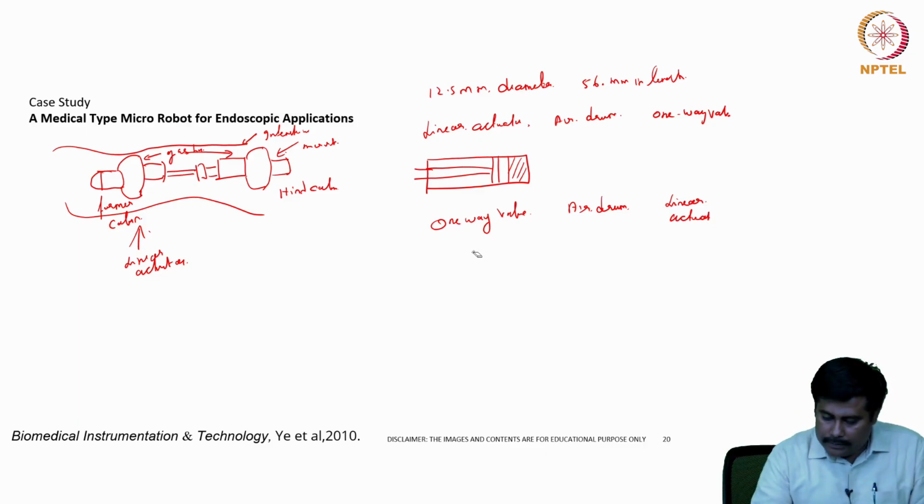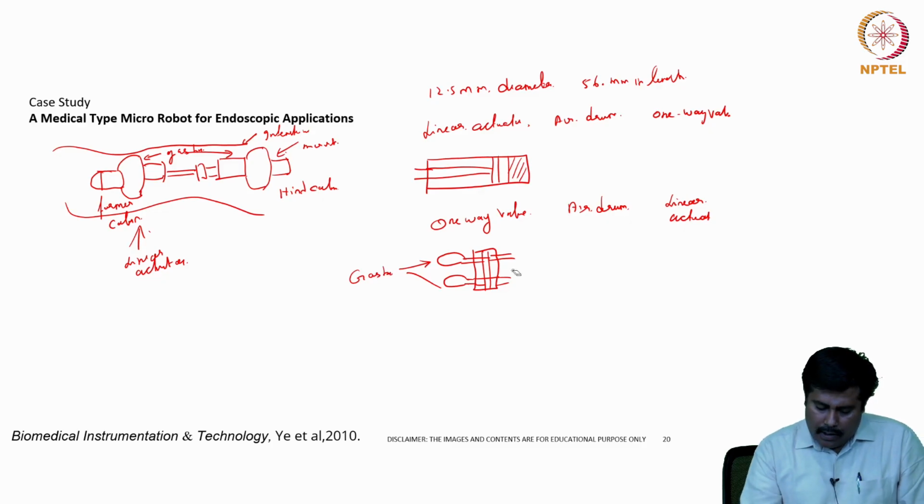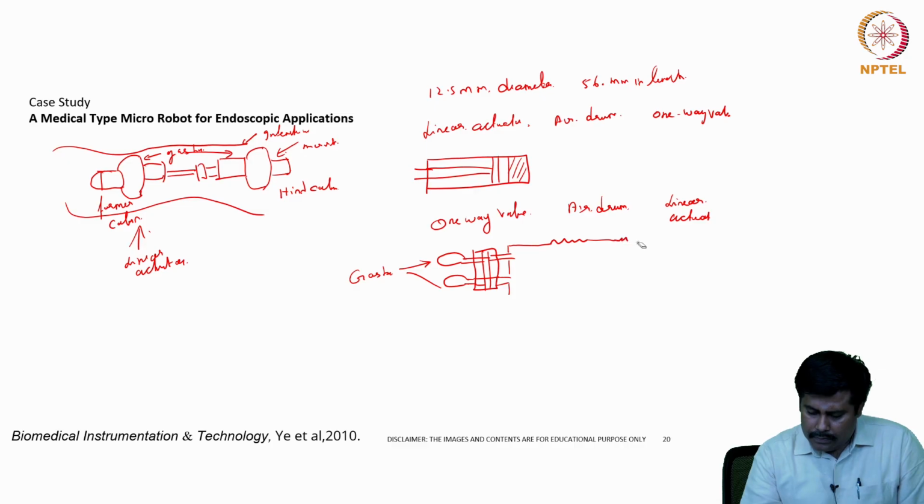The one way valve comprises something like this, which has a small gas bag kind of arrangement, and then there is going to be a rubber hose which we call the air drum.